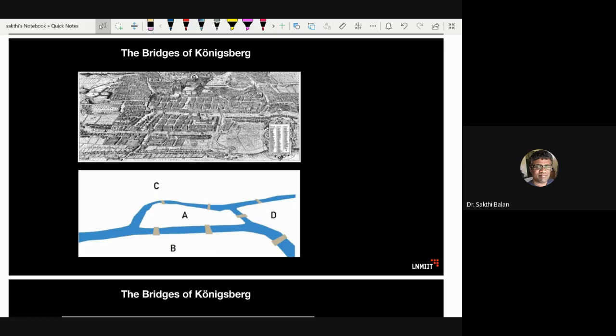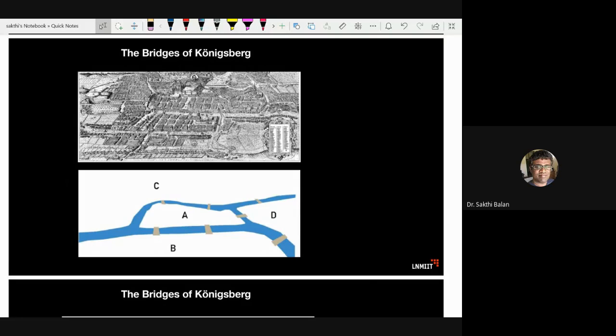You can search Google for Seven Bridges of Königsberg and you will come to know about it. In the 1730s, there was a problem in Königsberg, which was proposed by, I think, the administrative mayor of this city.